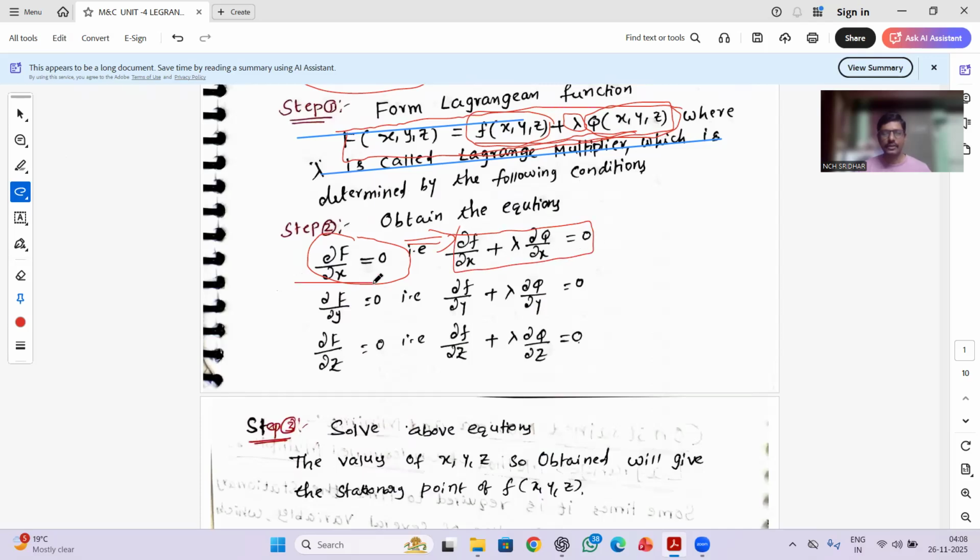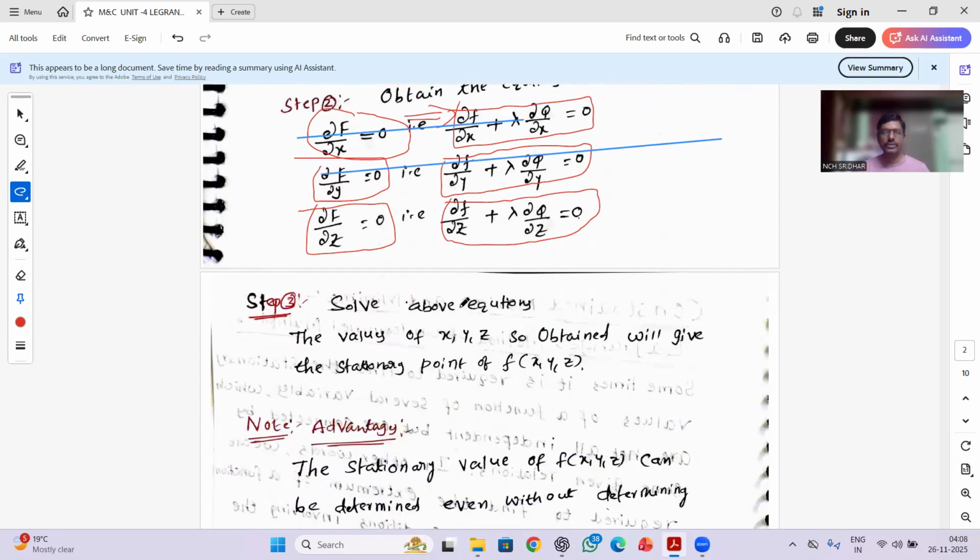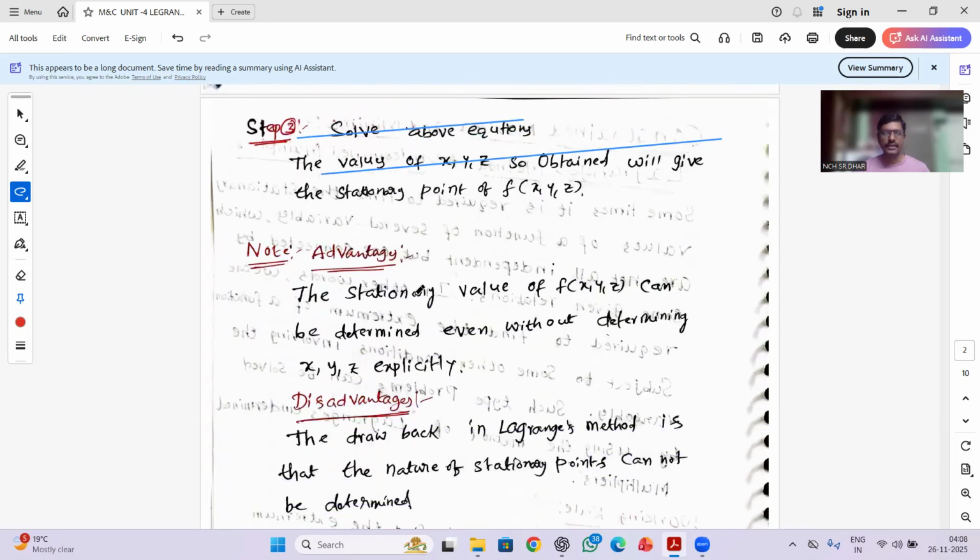Like that, dou F by dou y is equals to 0, that means differentiate the same function with respect to y: dou f by dou y plus lambda into dou phi by dou y. And dou F by dou z is equals to 0 gives dou f by dou z plus lambda into dou phi by dou z equals to 0. Now we need to solve these three equations. The values of x, y, z so obtained will give the stationary point of f of x, y, z.